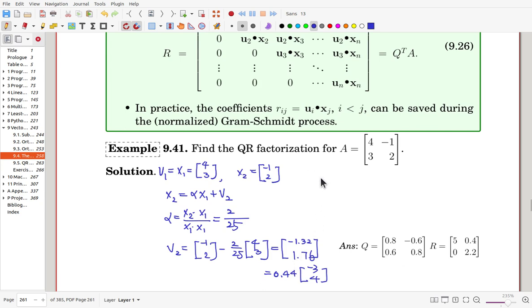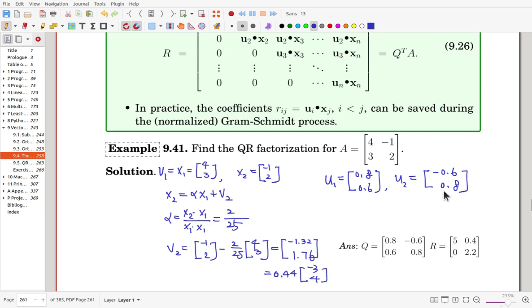So the orthonormal basis must be u1. The length is 5, so we divide by 5, and we get u1 as 0.8 and 0.6. And u2, these are essentially the same, the length is 5, so that is minus 0.6 and 0.8. We got u2 from here.